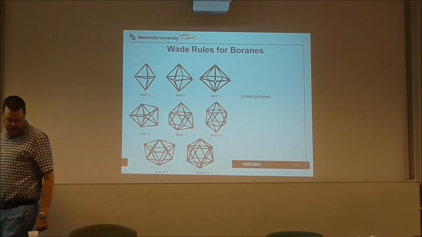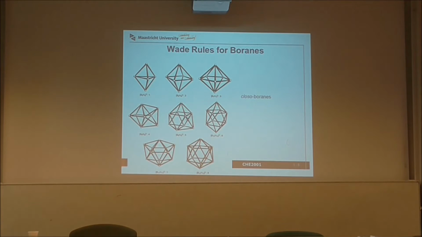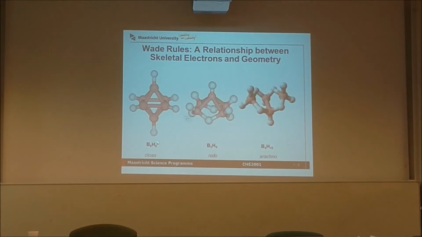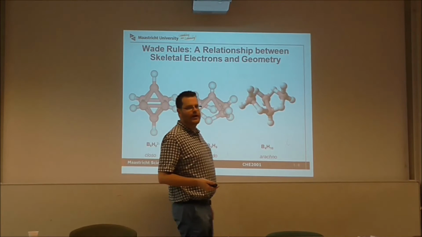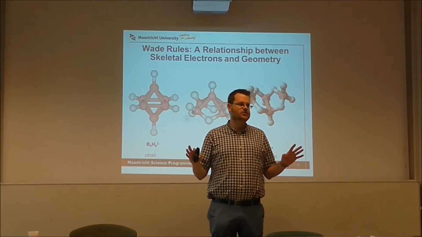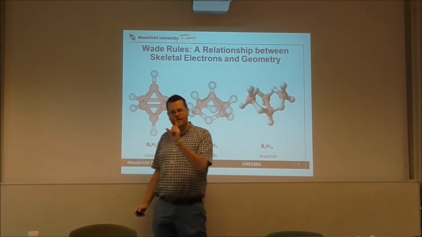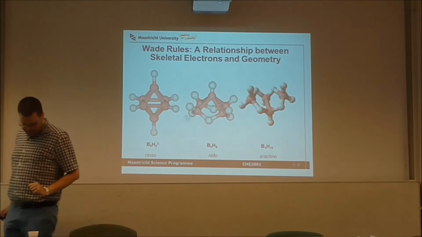It's got an octahedral arrangement of boron atoms. And it's 2- charged. And let's now imagine I pluck off one of these vertices. What am I going to be left with? Well, I'm going to be left with one less boron atom. Don't worry about the H's too much.